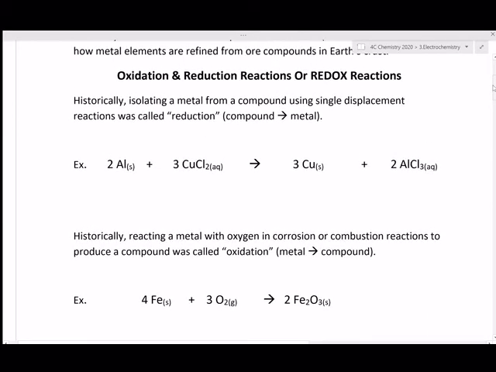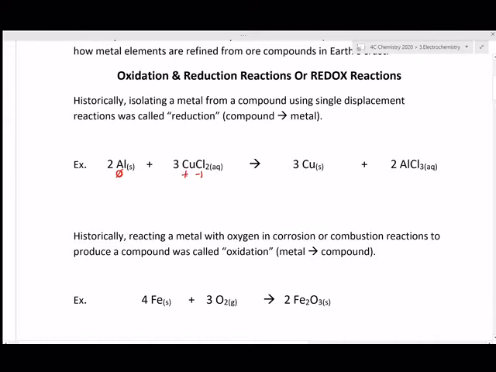Okay, so we're going to label all the oxidation numbers. Aluminum is a pure element, so that's going to be 0. For copper chloride, you could look up chlorine on the periodic table, see that it's -1. And in that case, because there are 2 chlorines, copper could be +1 or +2.